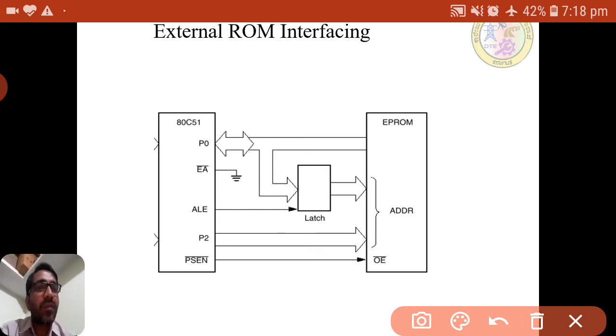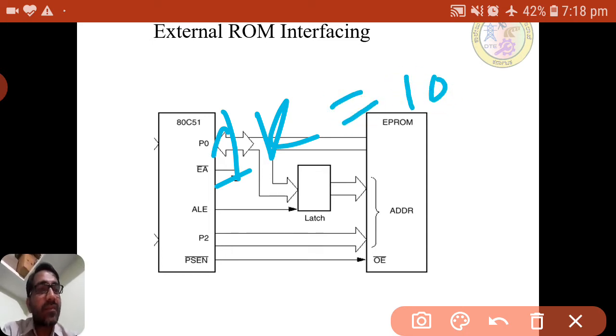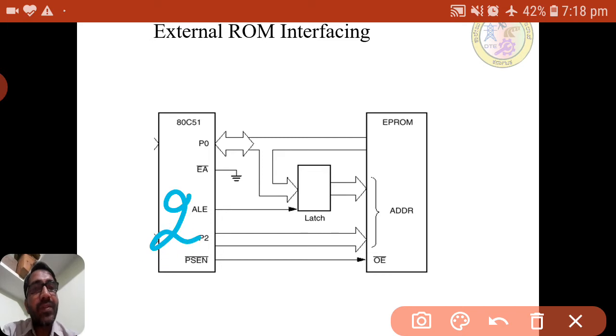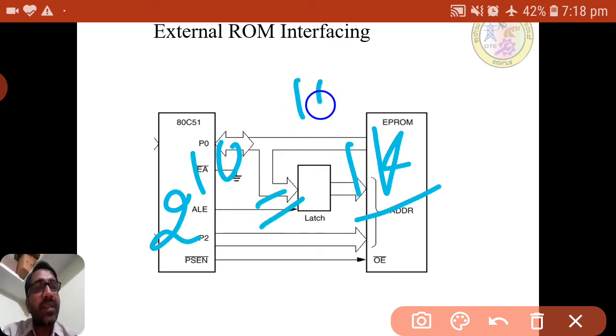Now, how many address lines are required? It is a standard, so we need to remember: for 1k bytes of memory we need 10 lines, meaning 2 raised to 10 equals 1k memory. 1k is exactly 1024 locations.